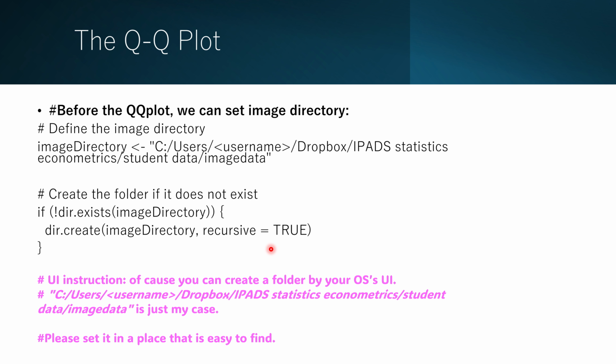Also, this slide shows the QQ plot. Before the QQ plot command, we can set the image directory. If we add the image data folder, then we can save the images in that folder, like this.